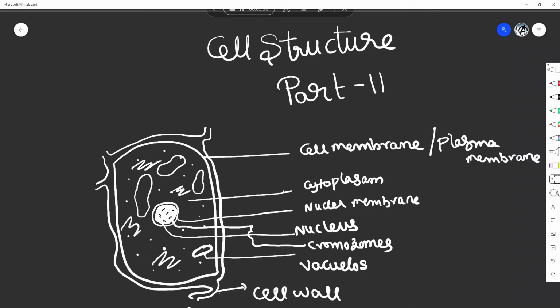Apart from that, you can also find plastids, green particles in the cell. These are called plastids.